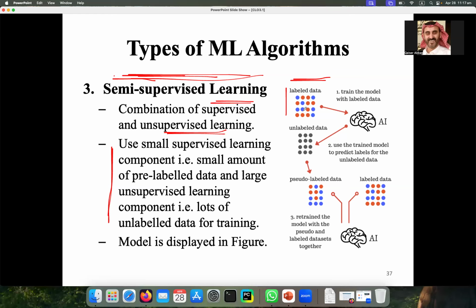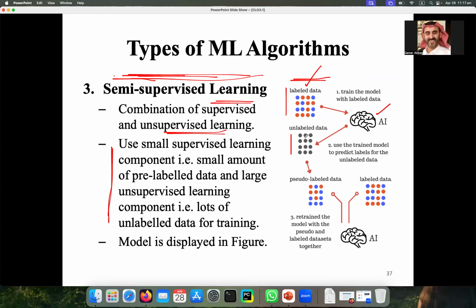This red and blue is the label. In the first step, we train the model with this labeled data. When you train your model with labeled data, this is the supervised approach. And then we have unlabeled data, this gray is unlabeled data.